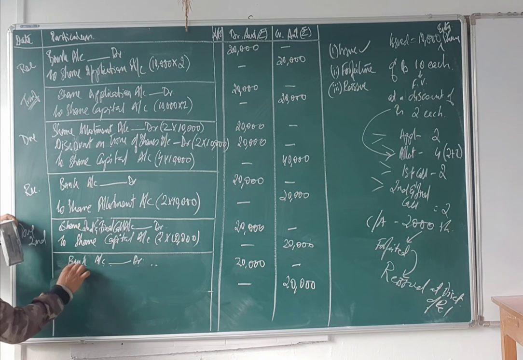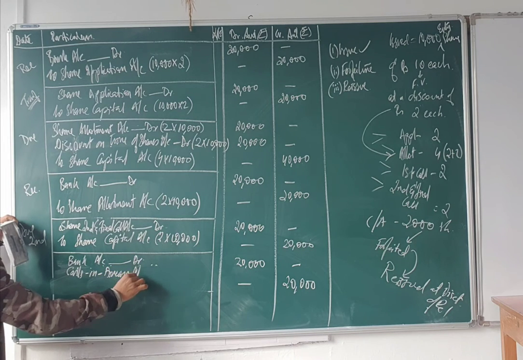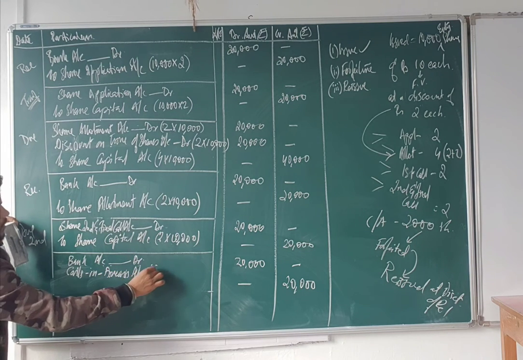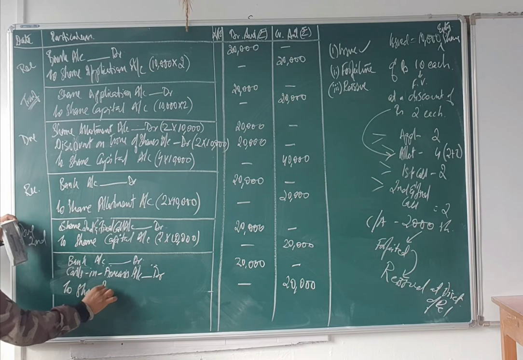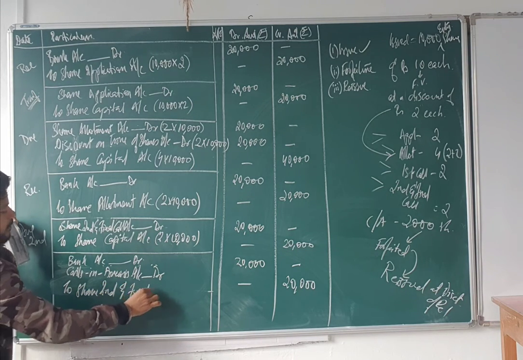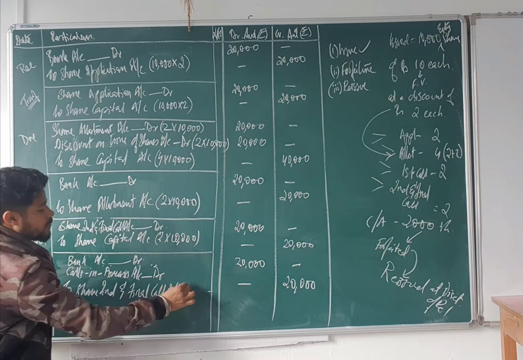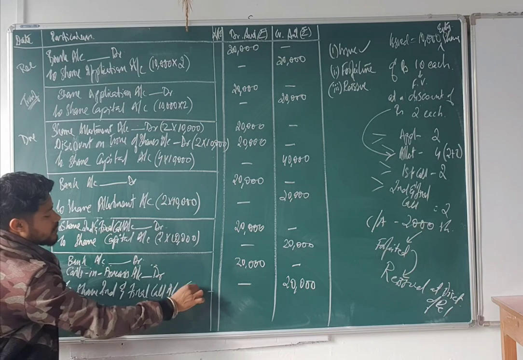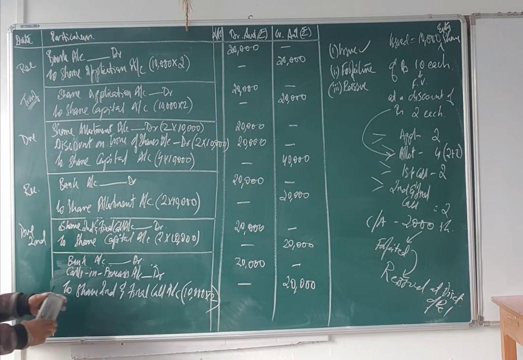Alright. Calls-in-arrears account, to share second and final. So basically we were supposed to receive on 10,000 shares at the rate of rupees 2, which we are not getting.